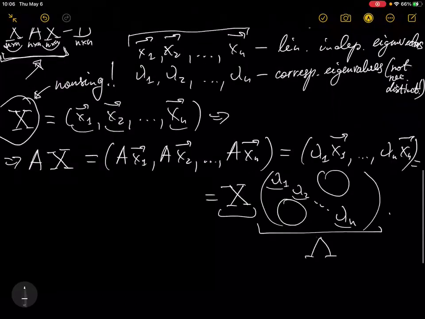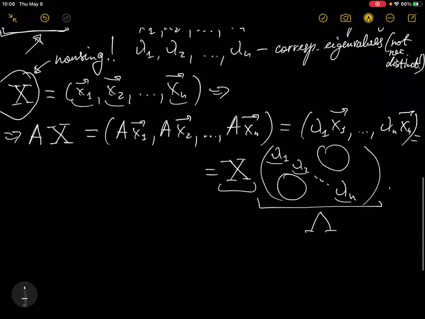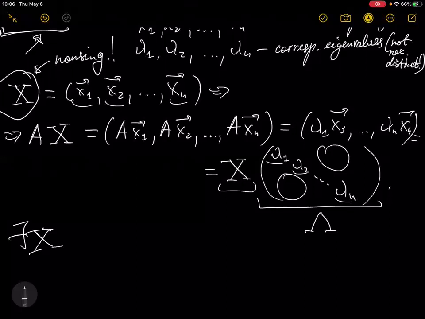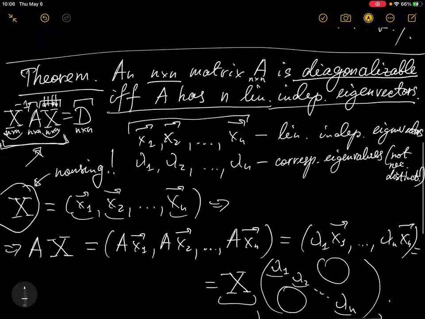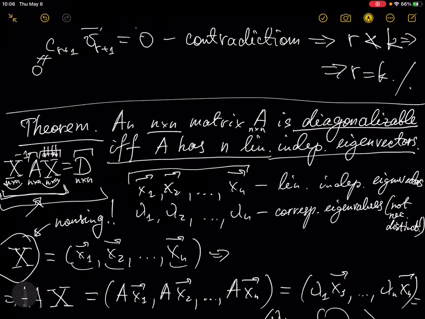But then if the matrix is diagonalizable, then from here immediately it follows that there exists a matrix X such that AX equals XD, right? So I just multiplied this expression by the matrix X from the left.